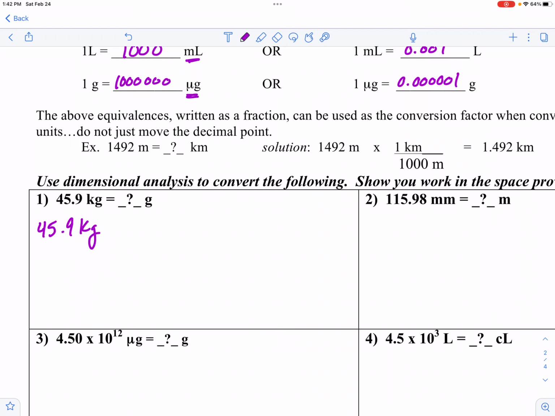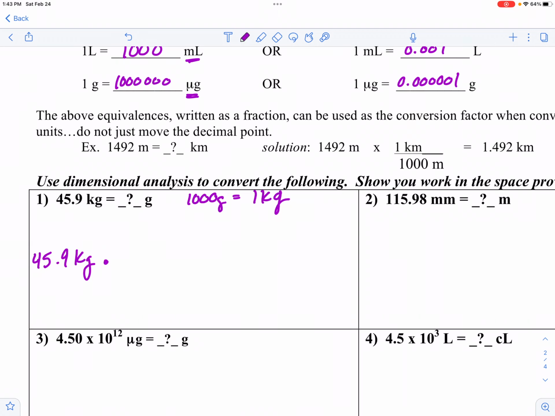Remember, we're using dimensional analysis, so the whole point is that you're showing your work. I'm going to be using the fact that there are 1,000 grams in every 1 kilogram, and then I'm going to turn that into my conversion factor so I can see myself as I move from one unit to another.